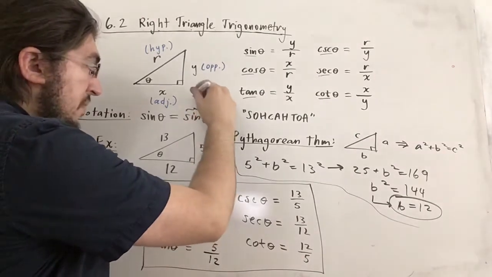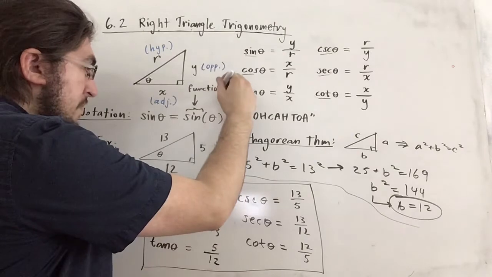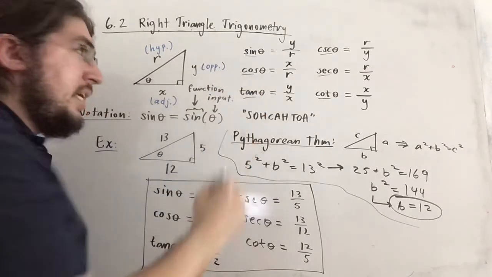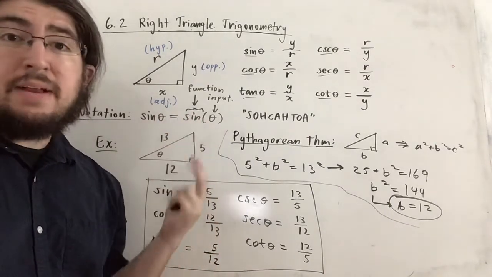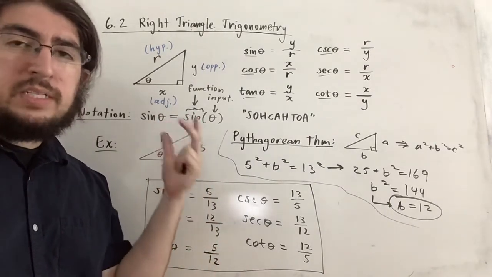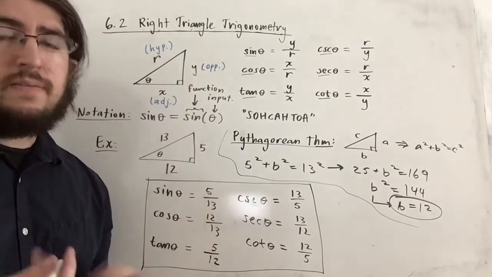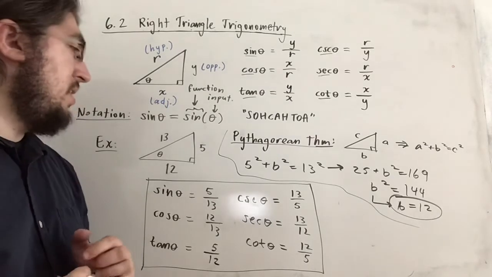This is the name of a function, where theta is our input. In particular, in the context of trig functions, theta is an angle. So the inputs of trig functions will be angles, and their outputs will just be ratios of the sides of the triangle that contains that angle of interest.